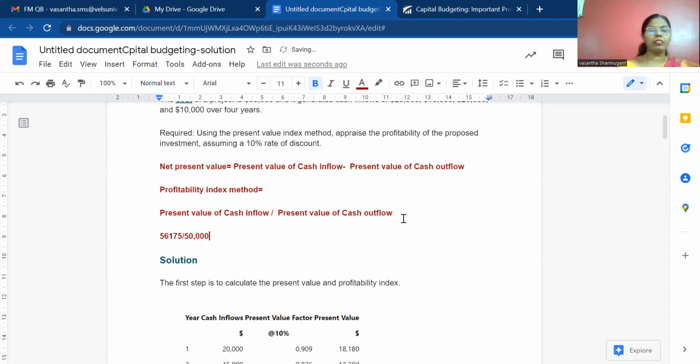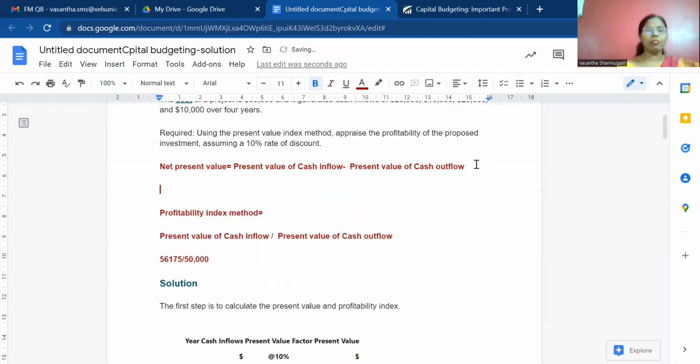But here, what is it? The net present value method. Present value of cash inflow is equal to 56,175 minus 50,000. So you are getting 6,175.